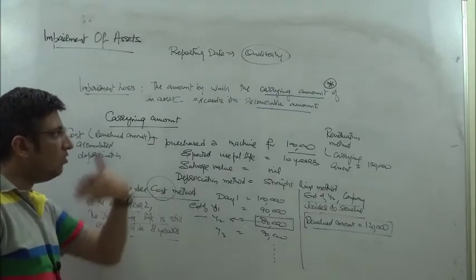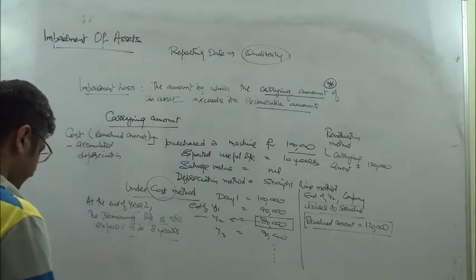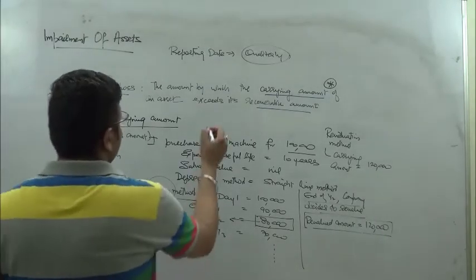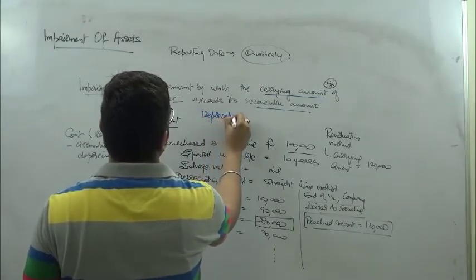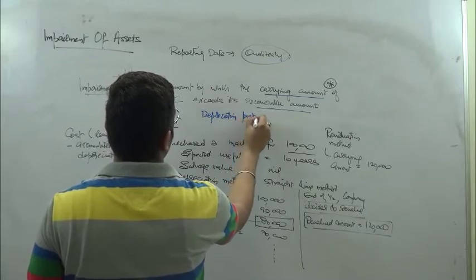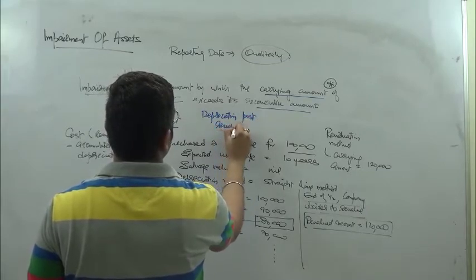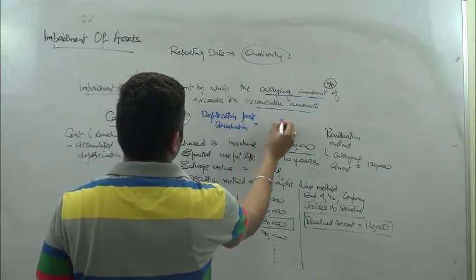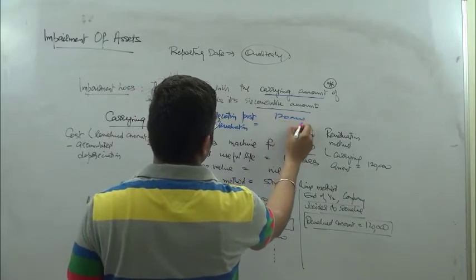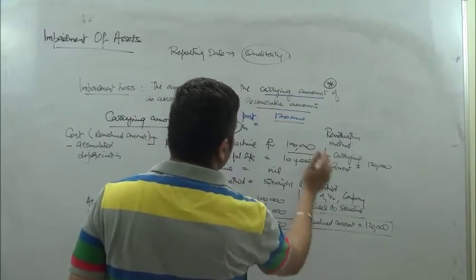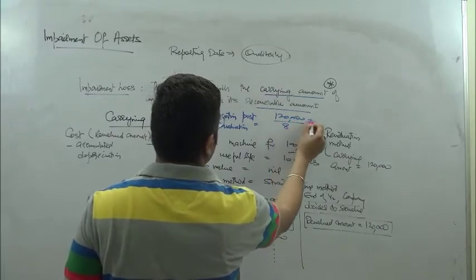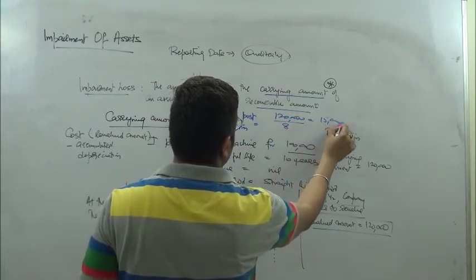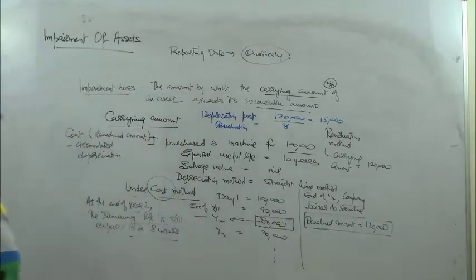Okay, now when I charge depreciation post revaluation, it will be 1,20,000, which is my revalued figure, divided by 8, which now is 15,000. Right? What does it mean?